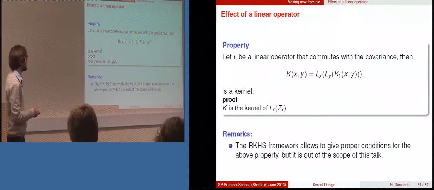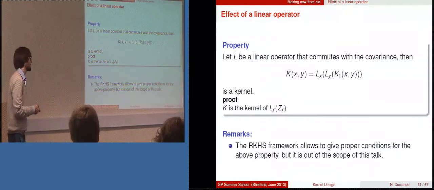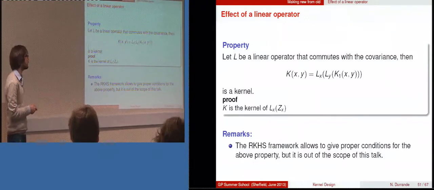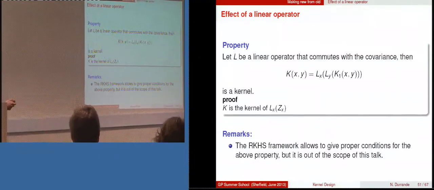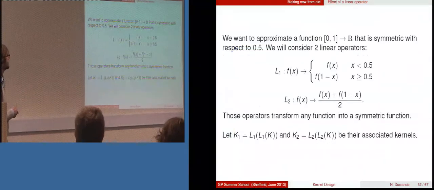The RKHS framework, reproducing kernel Hilbert space, is very useful to work with this kind of property. I don't want to go into the details now, but if you have some questions about that, I'll be very happy to answer them. And yes, we can do a lot of stuff with that.